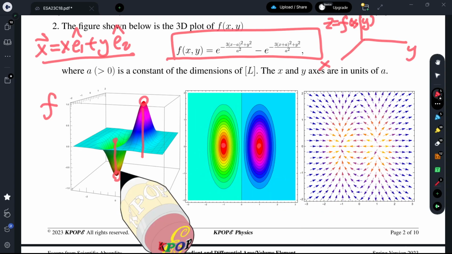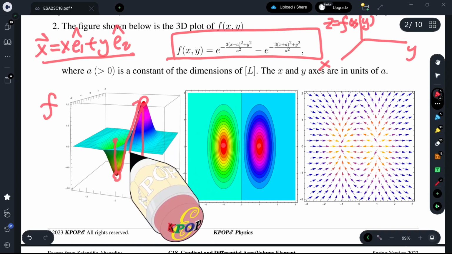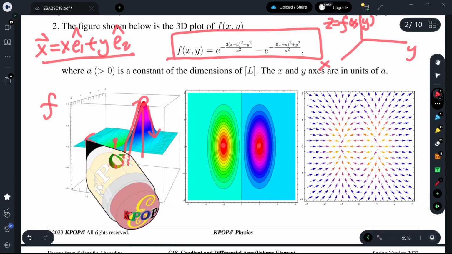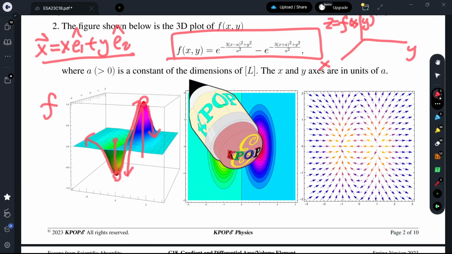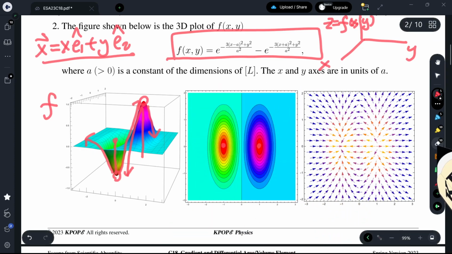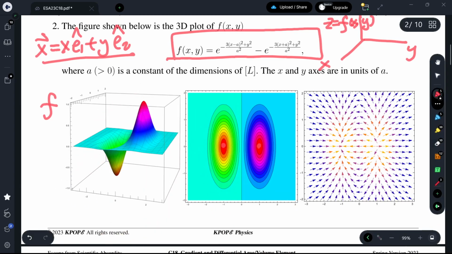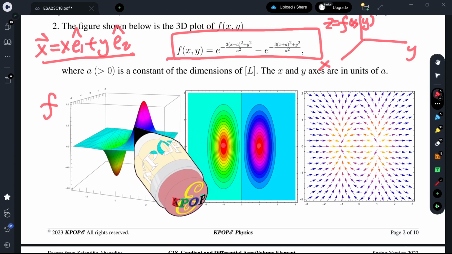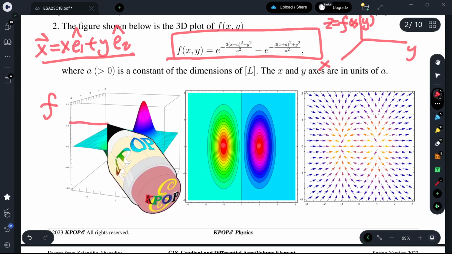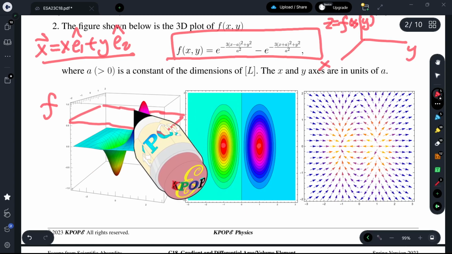We find this function increases, decreases, decreases, increases. The plot in the middle shows the contour of this function. Contour means you give me a number whose value is a certain value, then we can cut the figure.